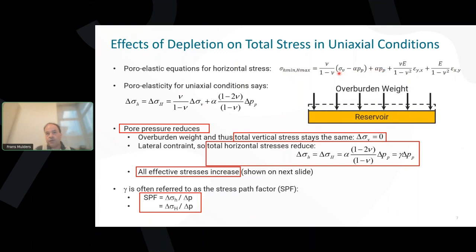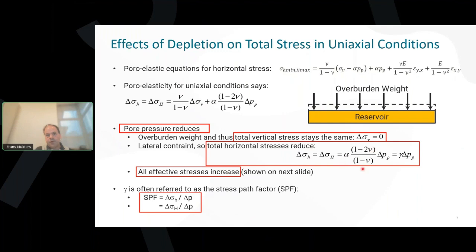Now the change in vertical total stress is 0, so that falls out. So if you solve this, you will get this equation here, where you can calculate the total horizontal stress change as a function of the pore pressure change, the Biot factor, and the Poisson ratio.